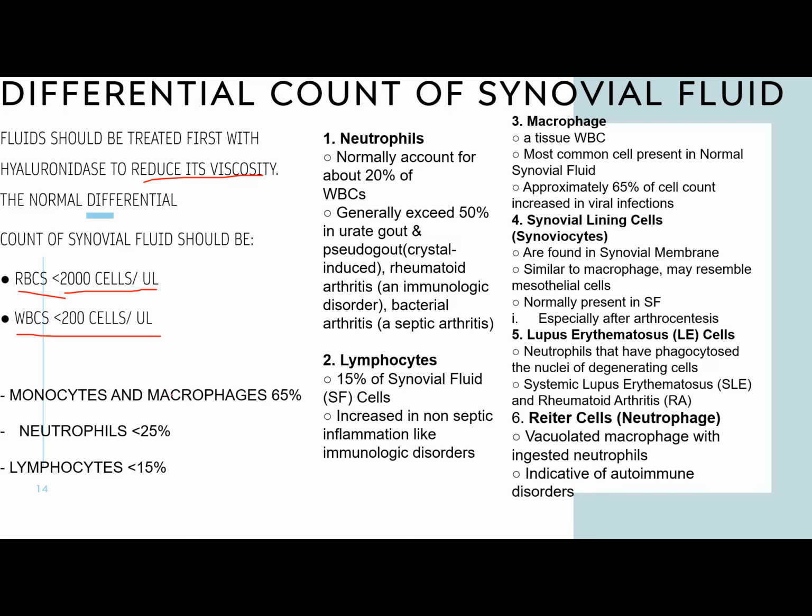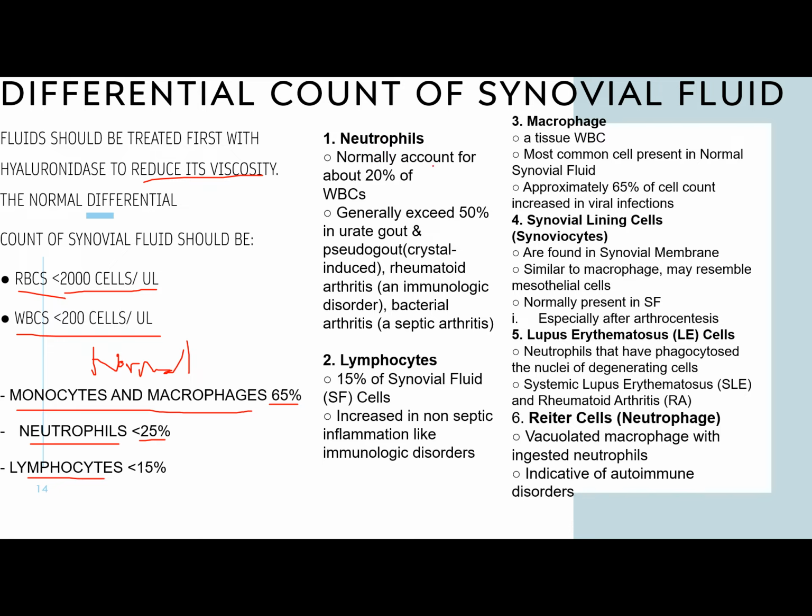Then for the normal differential count, class, monocytes and macrophage are around 65%, neutrophil less than 25%, and lymphocytes would be less than 15%. So these are the normal values for a joint differential count.